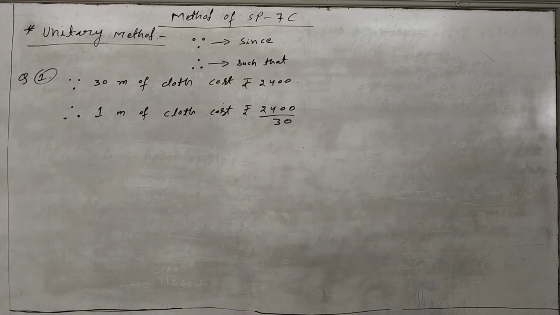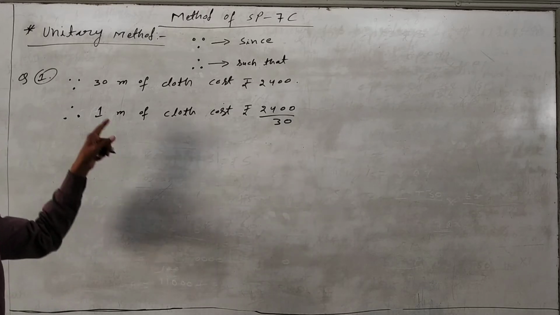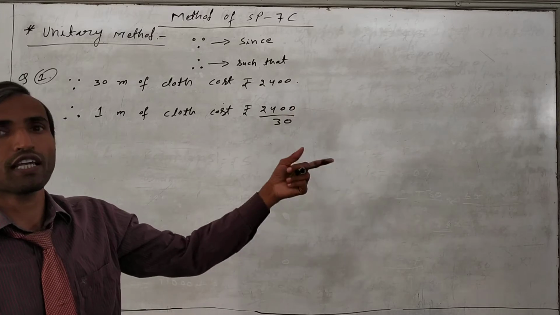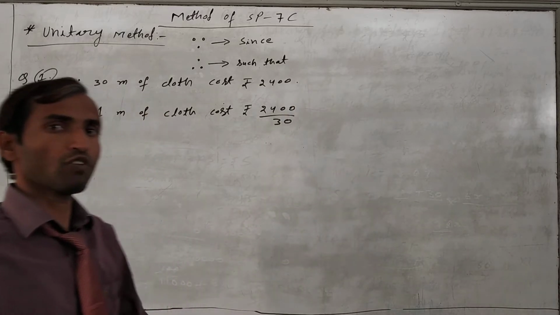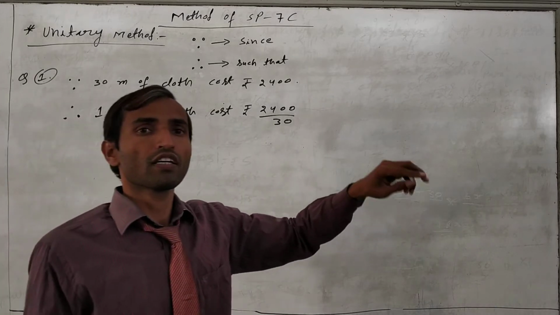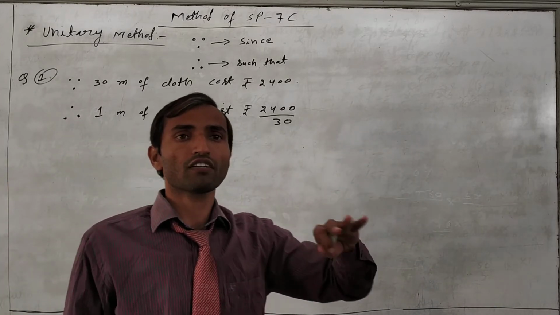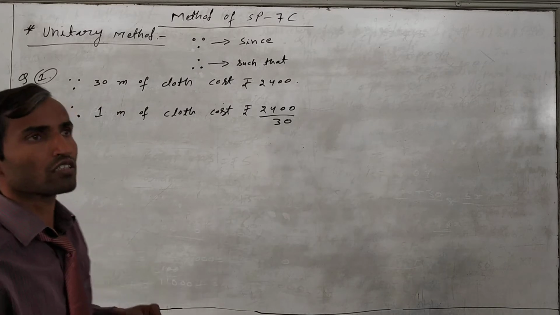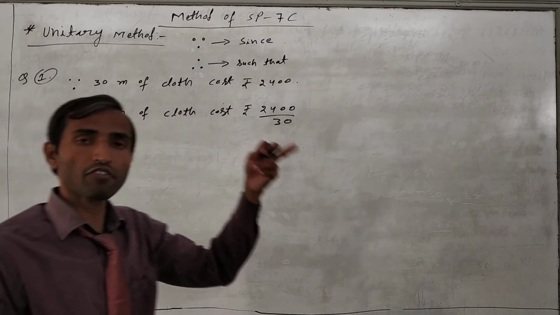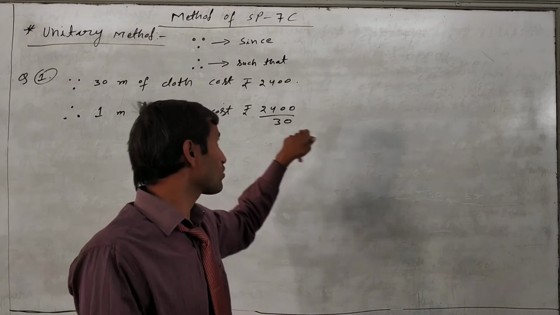If the value will be less, then we have to divide. If the value will be more, then it will be multiplied. So be careful about when to divide and when to multiply, and use your common sense. 30 meter cloth costs this much; for 1 meter of cloth it will surely be less, so we have to divide.